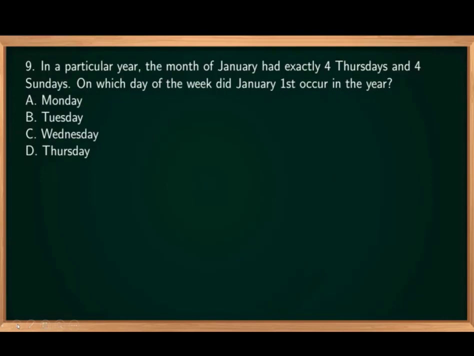Just draw a rough sketch of a calendar. No shortcuts are there. Exactly 4 Thursdays and 4 Sundays.